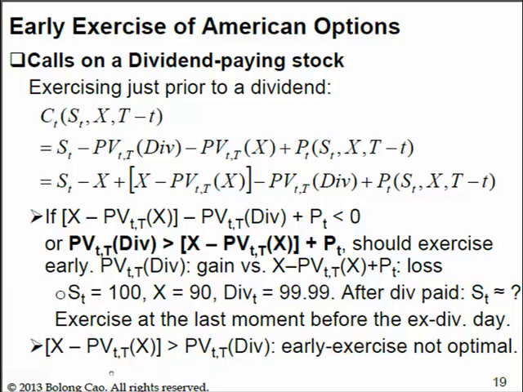If you pay the strike price early, you have to give up a lot of potential interest income, and you don't get much dividend, so you do not exercise the American call option on this stock early. So that's the decision to early exercise an American call option on a dividend paying stock.